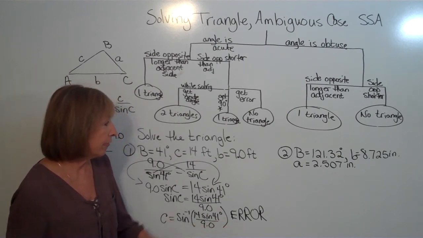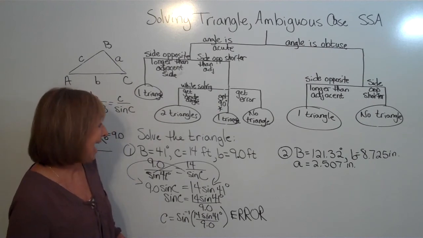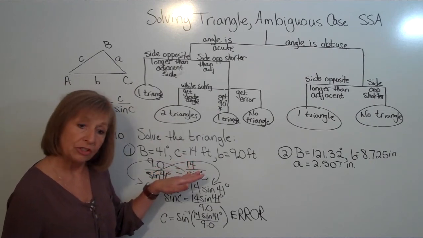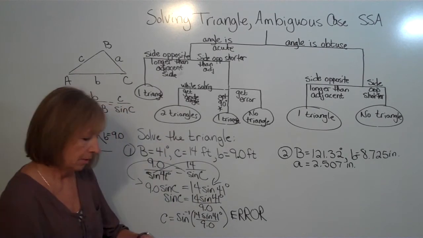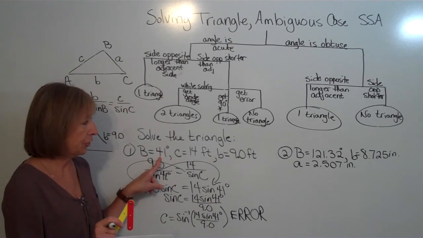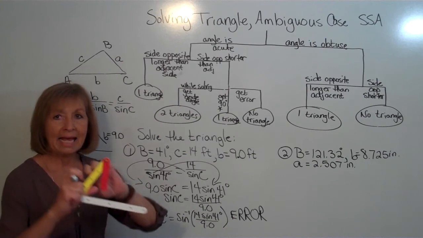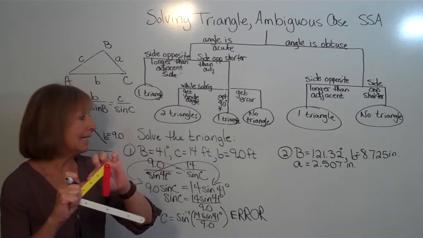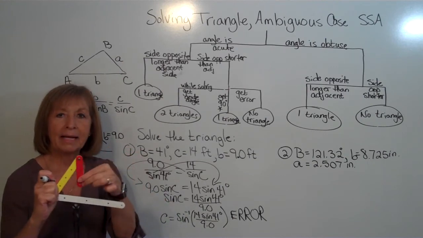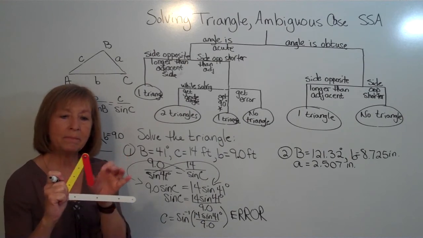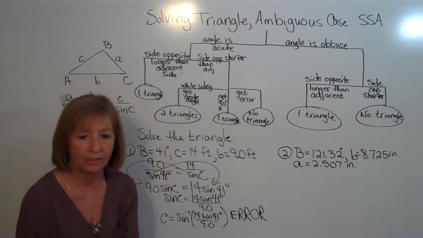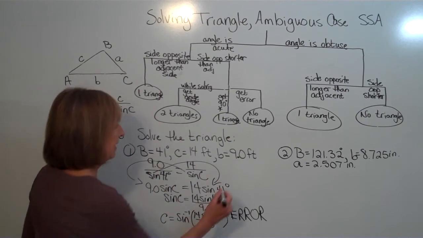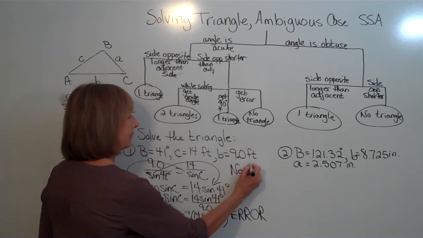And so you get an error for that. So that means that with this situation, I had my acute angle, I had my length CB 14, my length of side B being 9, and it's too short. It doesn't hit and make a triangle. So that case is no triangle.